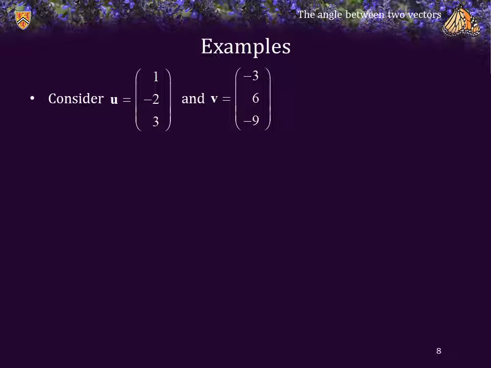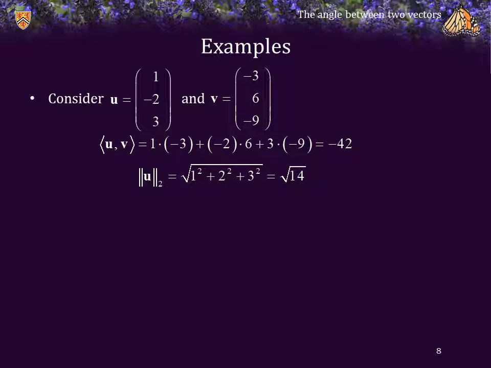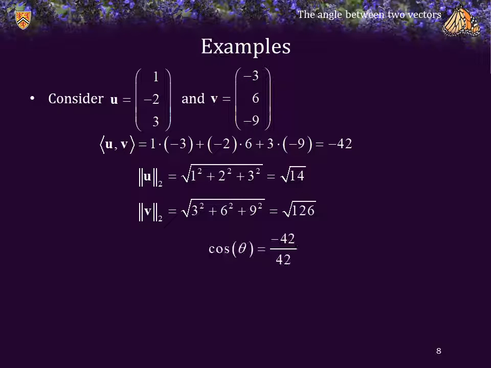Now, consider these 2 vectors here. The inner product between these 2 vectors was found to be -42. The 2 norm of the first vector was found to be root 14, while the 2 norm of the second vector was found to be root 126. Therefore, cosine theta is equal to -42 over the product of these 2 roots, which is 42.